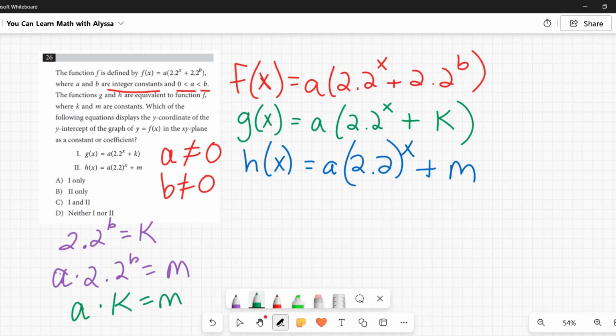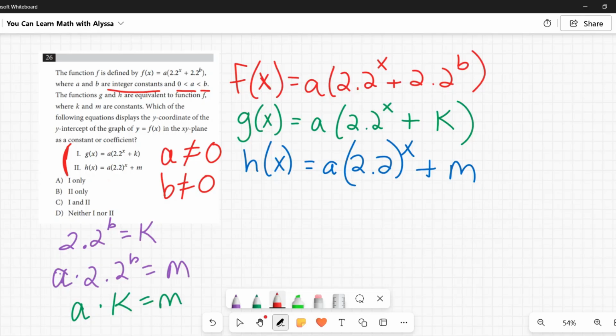The reason I'm doing this is this final question where it says, which of these equations shows the y-coordinate of the y-intercept? That'll be our next point. I'm getting there, I promise. Which one of them shows this number as a constant or coefficient? So in g of x and h of x, these a's out front are constants and coefficients.